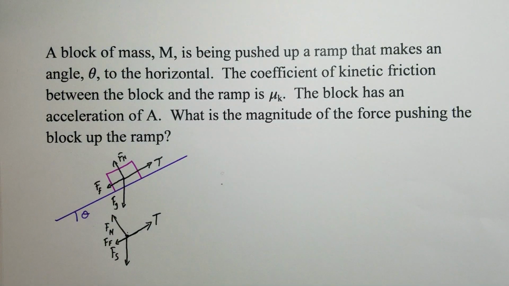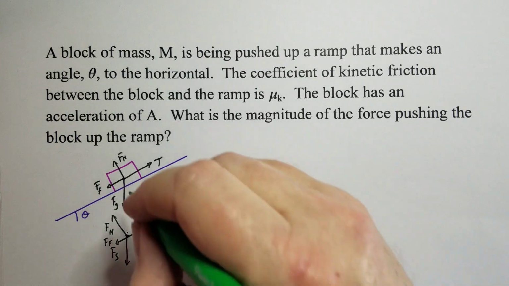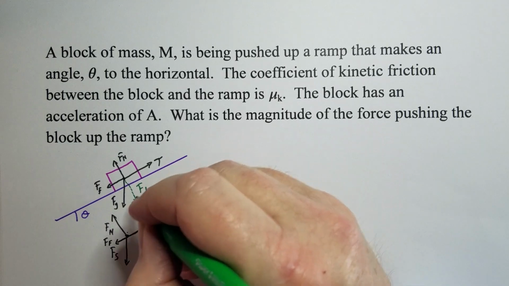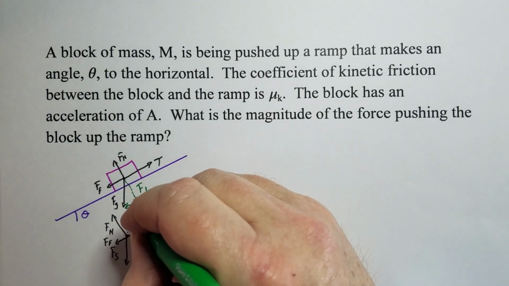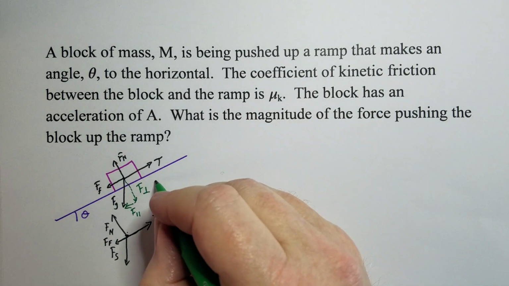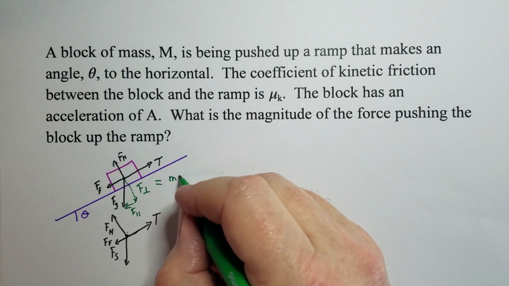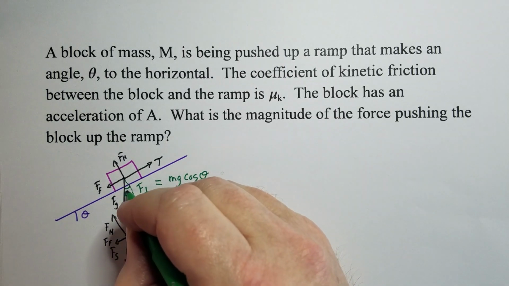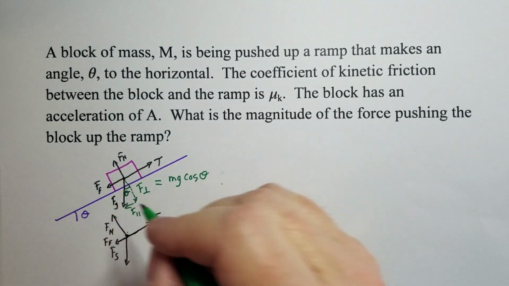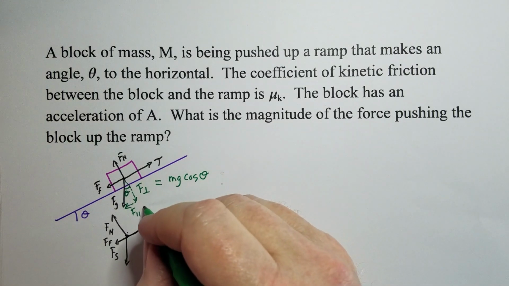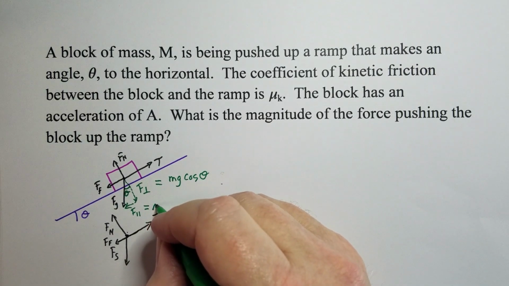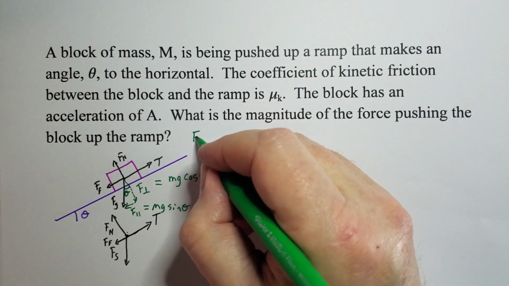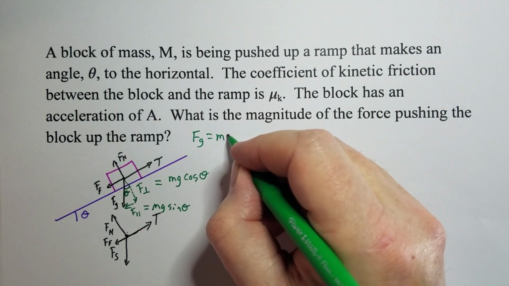We still do the components of gravity, the one perpendicular and the one parallel. So this one is mg cosine of theta, because again, through the magic of similar triangles, those two thetas are the same. And this one becomes mg sine theta, because that component of gravity is just mass times gravity.